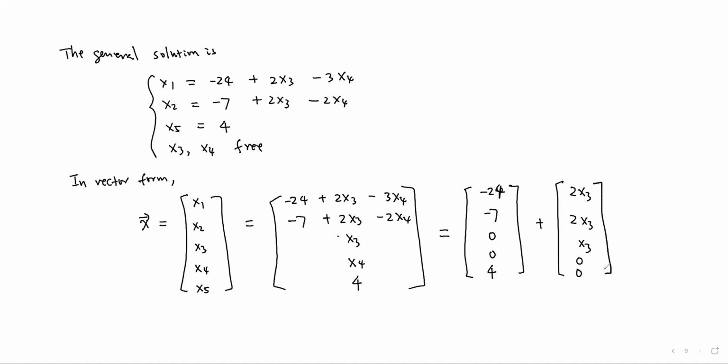Now the third column is for the unknown x4. 0, x4, then 0. Now finally, take out the variable.